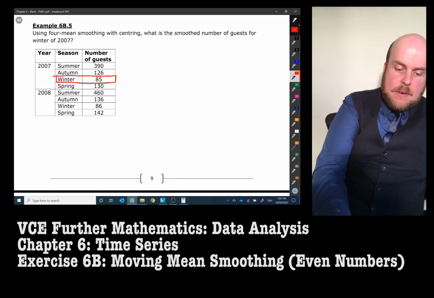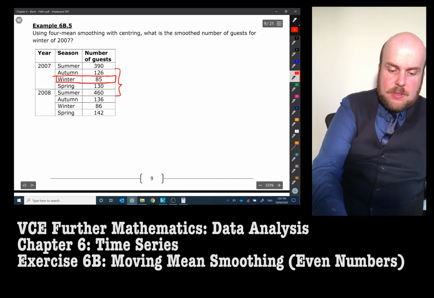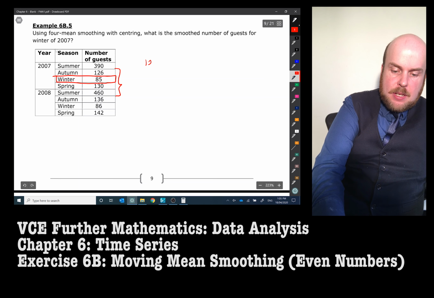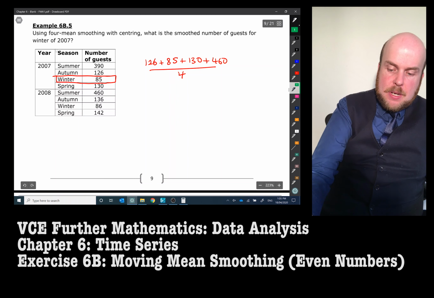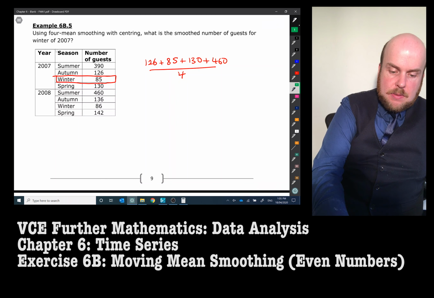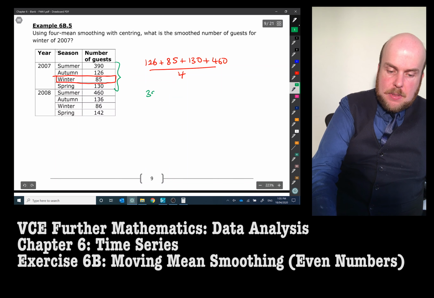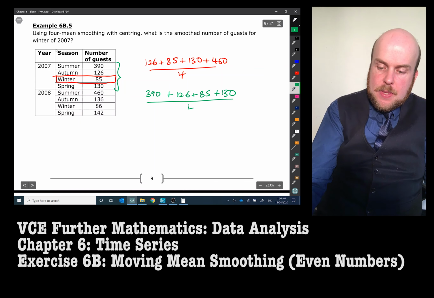So for 4 mean, I would do these 4 first: 126 plus 85 plus 130 plus 460 divided by 4. And then I would do it when it's in position 3: 390 plus 126 plus 85 plus 130, all divided by 4.